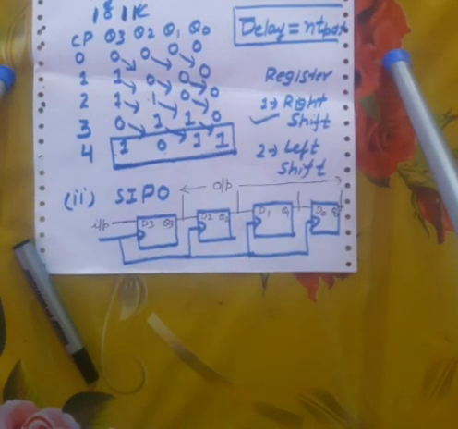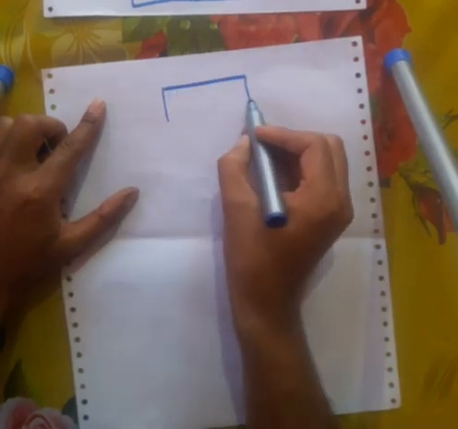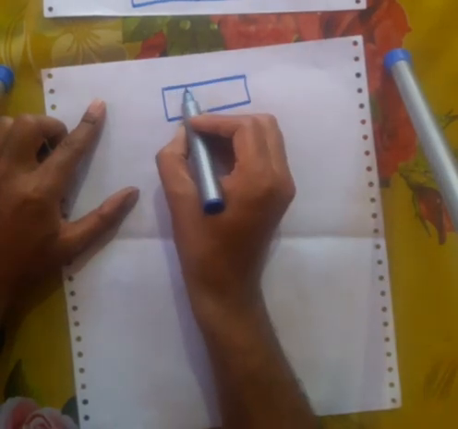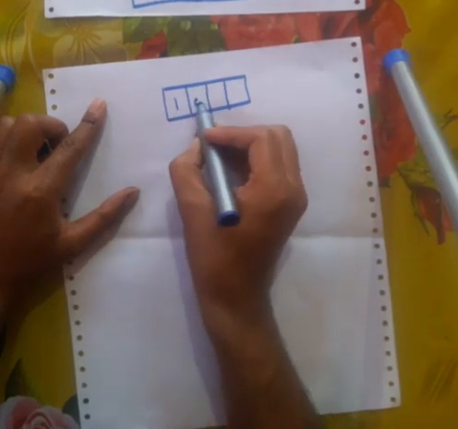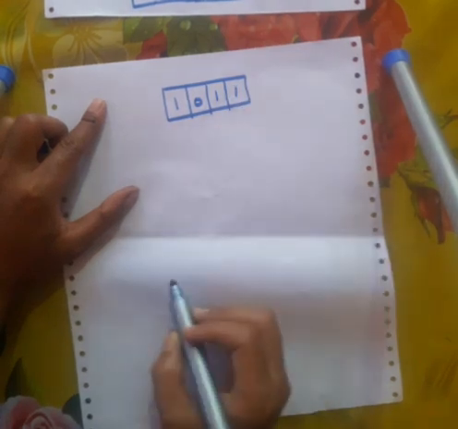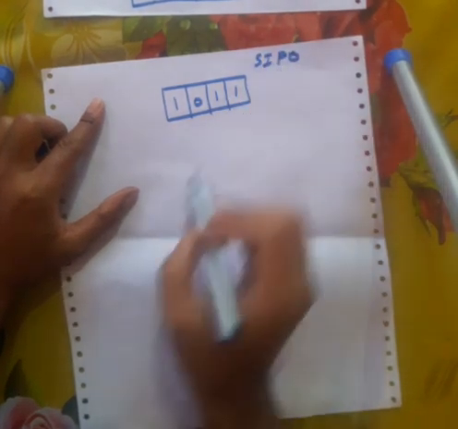We will see how it is working. Suppose I take a 4-bit shift register with data 1011. This is your serial in, parallel out register.